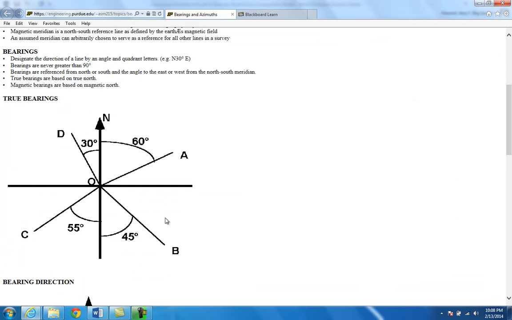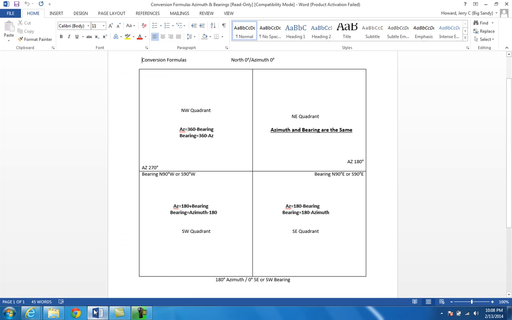The next one we're looking at is in the southeast, and this one has a bearing of south 45 degrees east. I want an azimuth, so azimuth equals 180 minus your bearing.